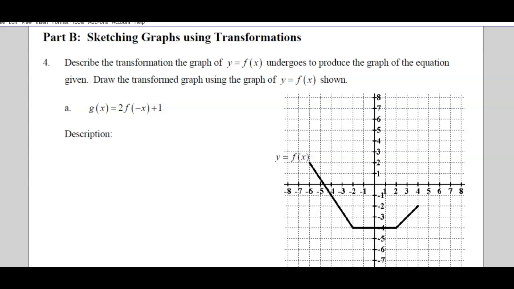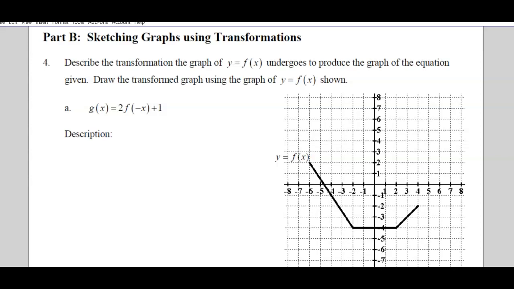To save a little bit of time, I'm going to use abbreviations for our transformations when we're writing them up. I've done some proper ones up until now in part A. All those words, that's what you have to do on a test. If you put HS on a diploma exam, they're not going to like that.